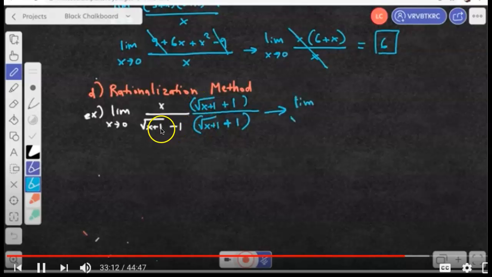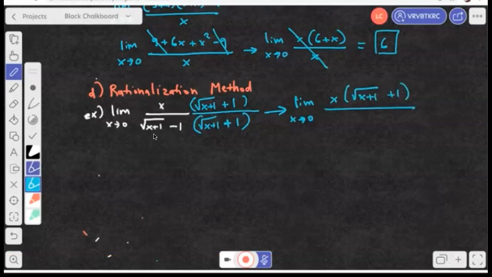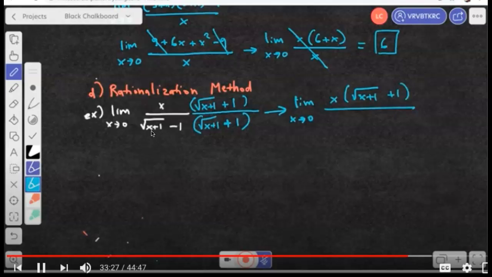The bottom had that radical sign to begin with, so the bottom is what's going to get FOILed out. We're going to multiply the two terms, the radical x plus 1 minus 1, with the blue term, the radical x plus 1 plus 1. I should have had parentheses.